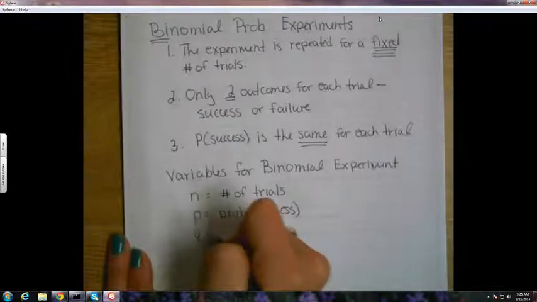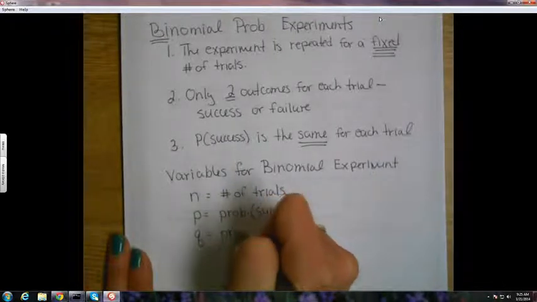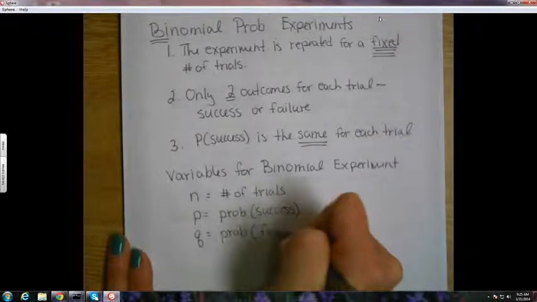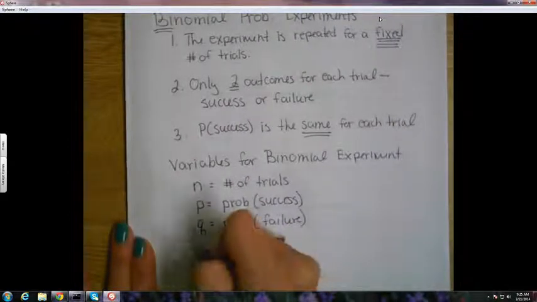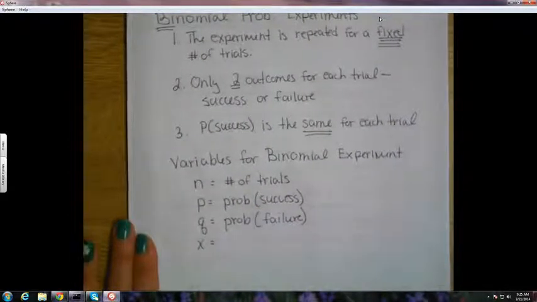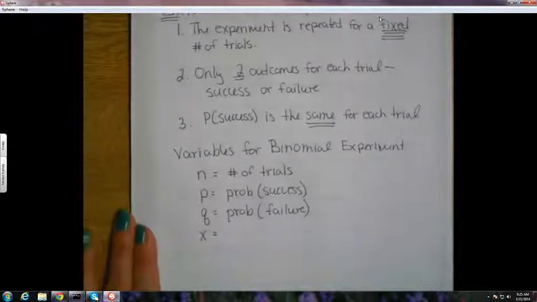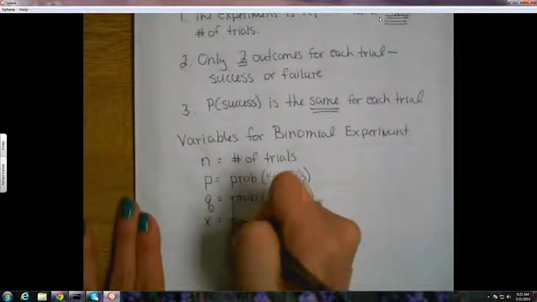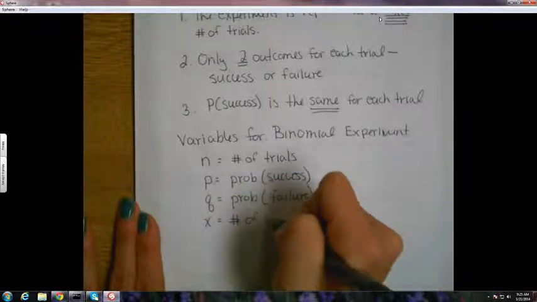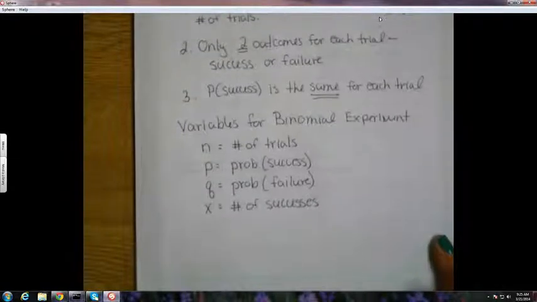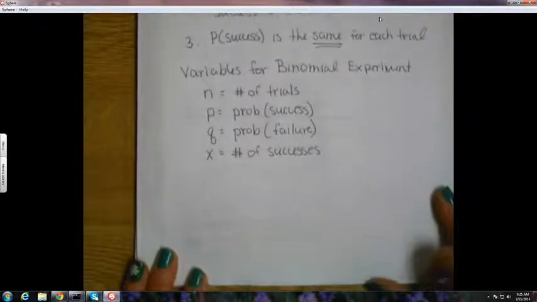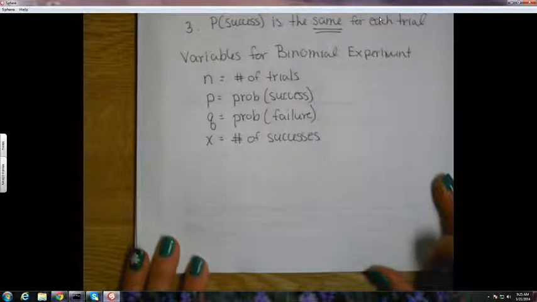Q is going to represent the probability of a failure. And X is going to represent the number of successes. So far, so good? Nothing too tricky in there?